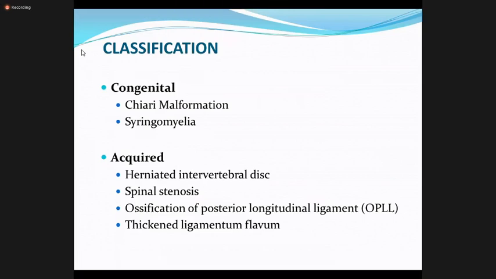In fact, syringomyelia is associated with Chiari malformation. In acquired causes, which can be described as degenerative causes, the most common cause is herniated intervertebral disc, followed by spinal stenosis, ossification of posterior longitudinal ligament, commonly known as OPLL, and thickened or calcified or ossified ligamentum flavum.